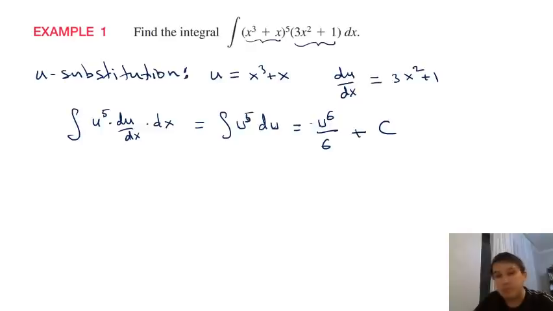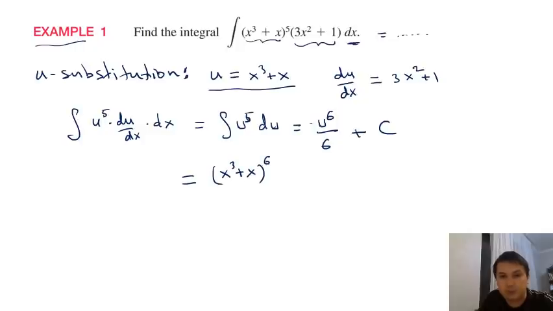No, because the original example is asking for the integral with respect to x, which means I need to write an expression in terms of x, while I have an expression in u. So we recall what u was: u is x cubed plus x. Hence we have x cubed plus x, raised to the power 6, divided by 6, plus C. So this is the solution.